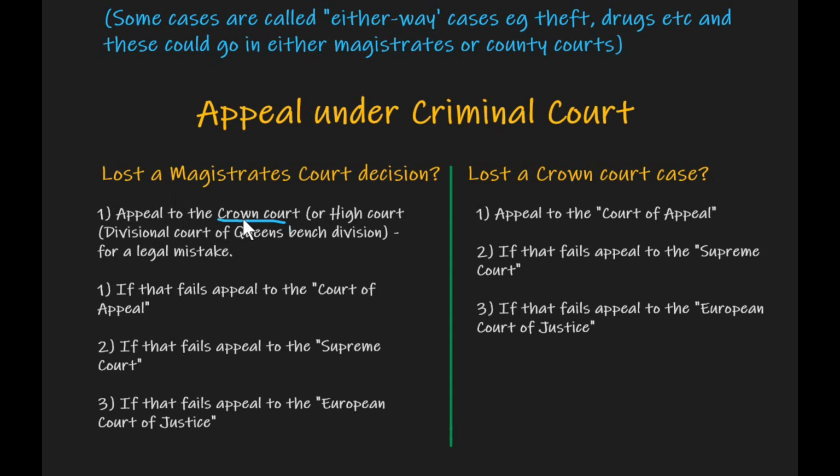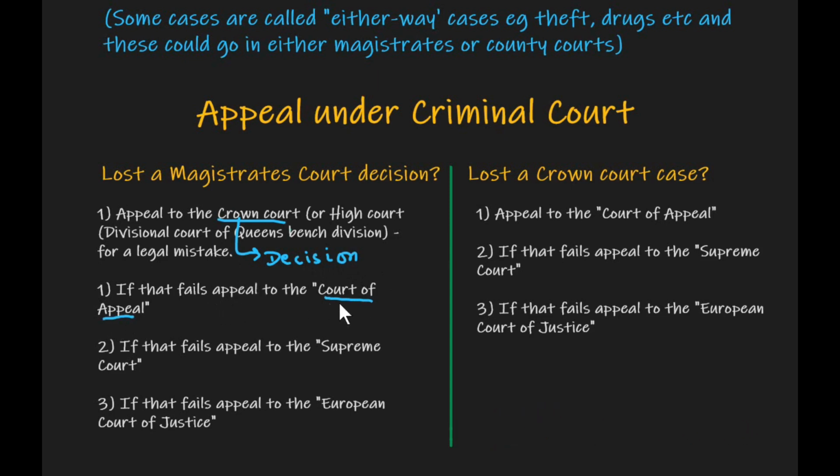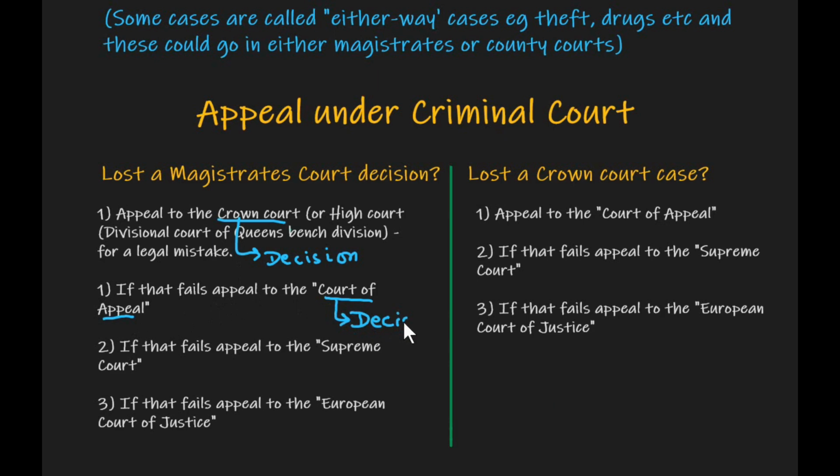Now this crown court will also make a decision based on available evidence. Now if he again thinks that this decision is wrong, then he can go to the Court of Appeal. Here again any decision will be made based on facts and evidence.